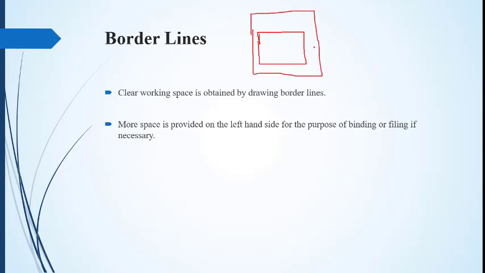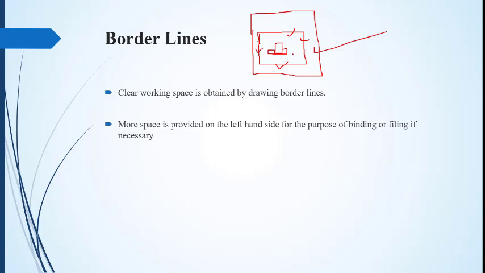For example, this is a sheet, and we want to draw something, like a building that we want to construct. So there is a boundary. These lines are known as border lines. So the border lines are provided for the clear working space.